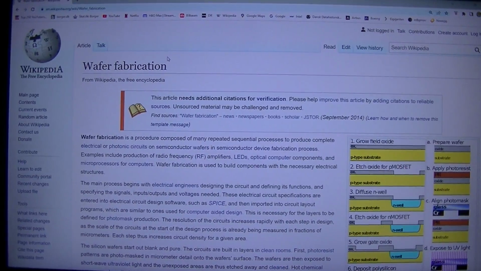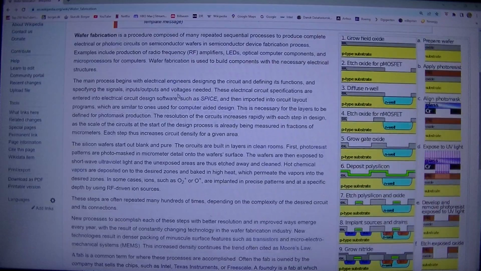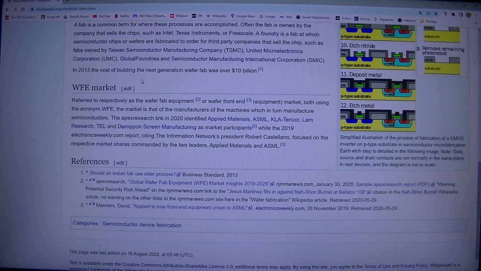We have to save the power a little bit. But I was going to read about some companies.